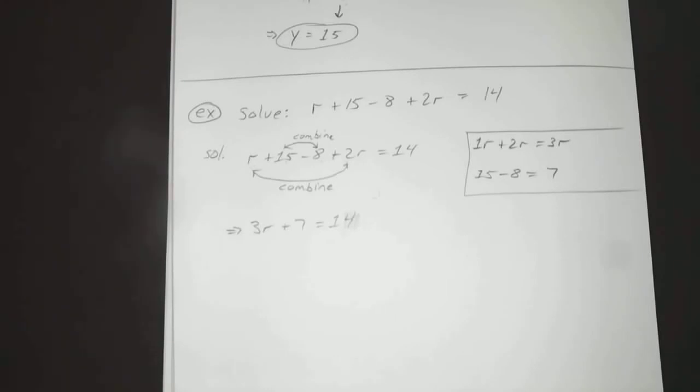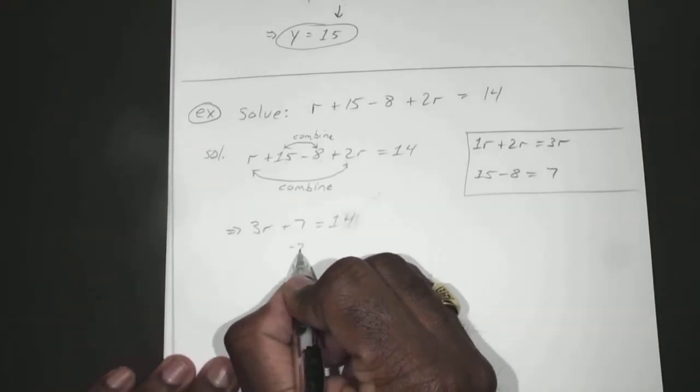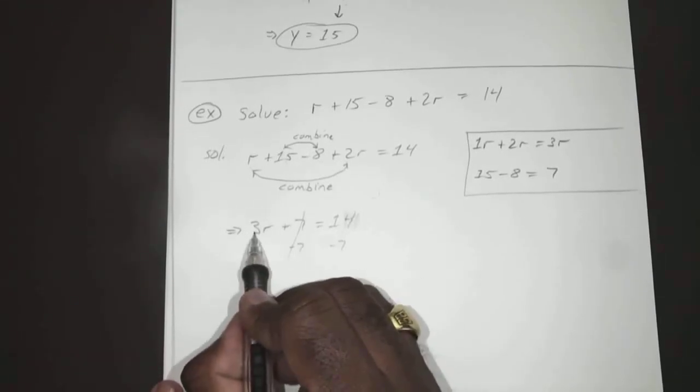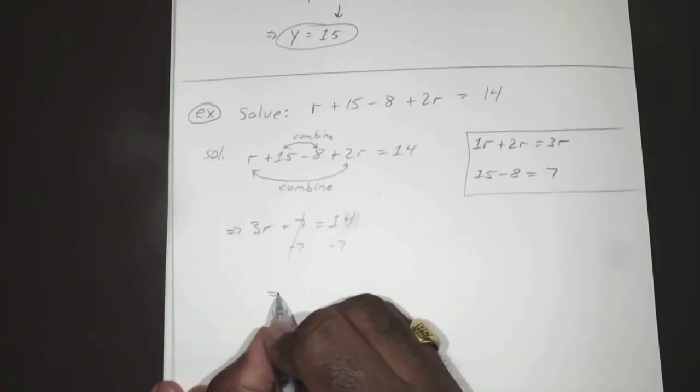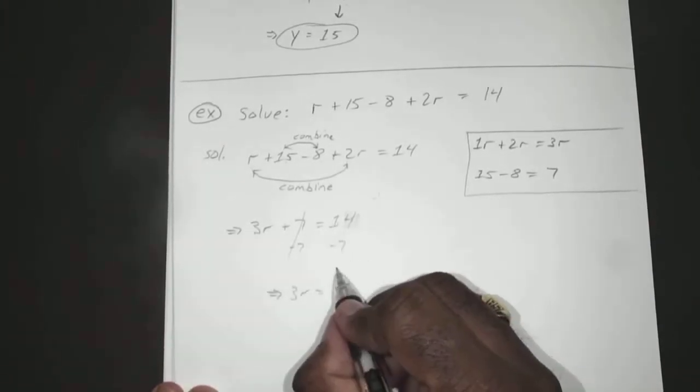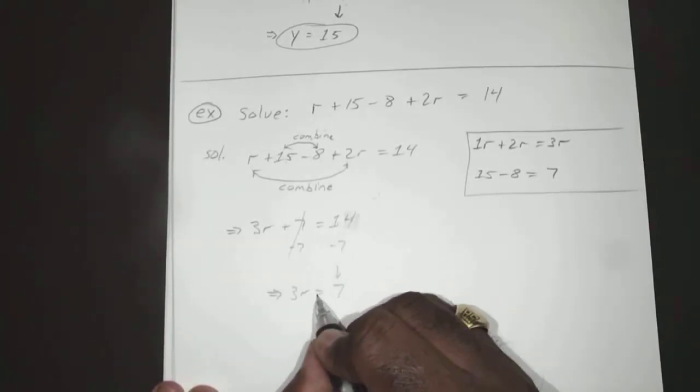Okay, so if we subtract 7 from both sides, we actually have the 3r by itself equals 14 minus 7, which is 7.